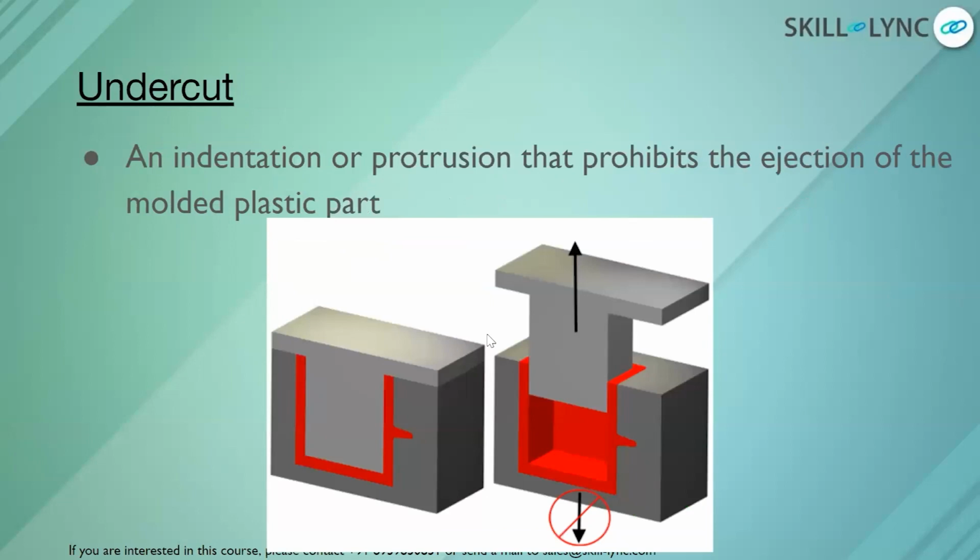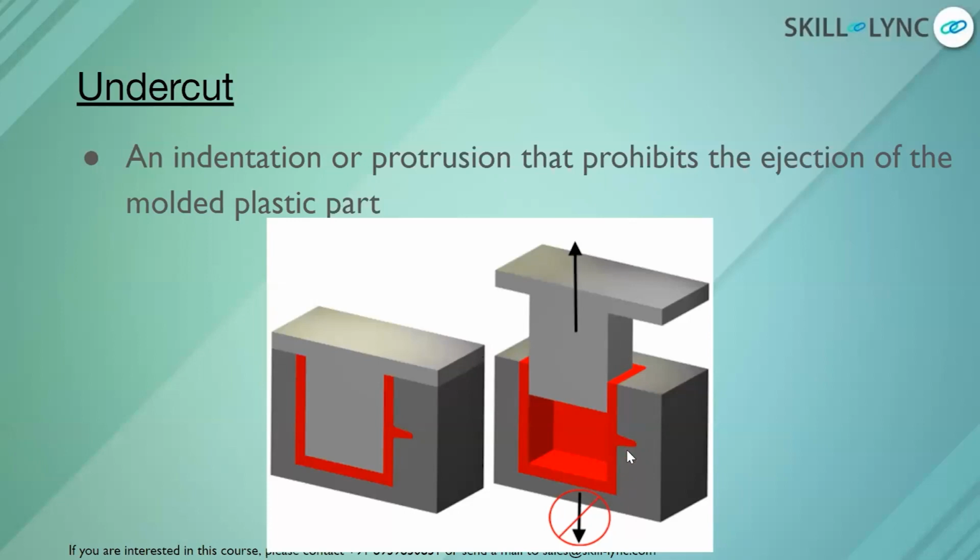Now coming to some of the complex factors, which are the undercuts. There will be some additional parts on a plastic component which cannot be ejected along the main tooling direction. If you look at it, the ejection or main tooling direction is vertical, and you can see another additional part available for this particular red plastic component.